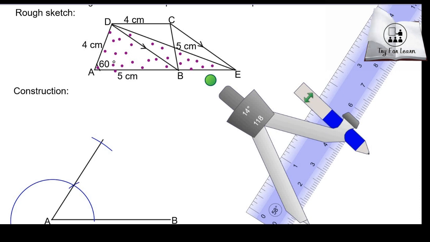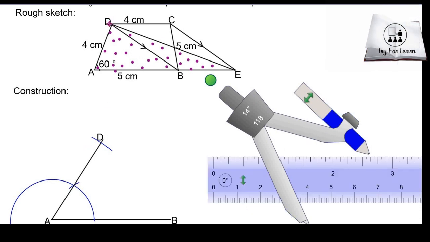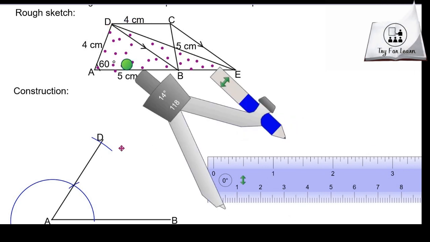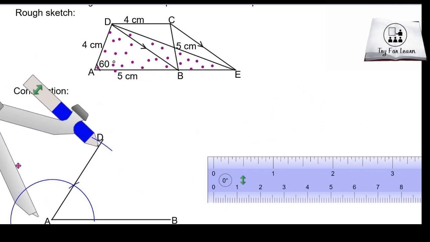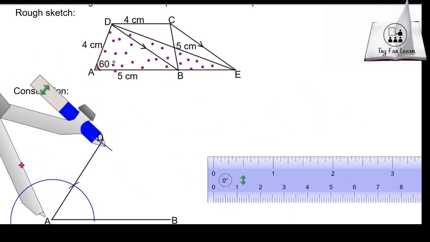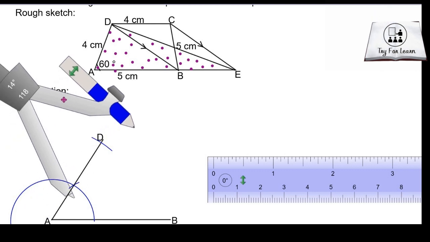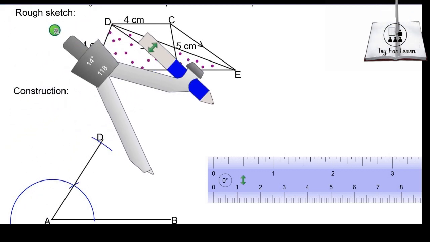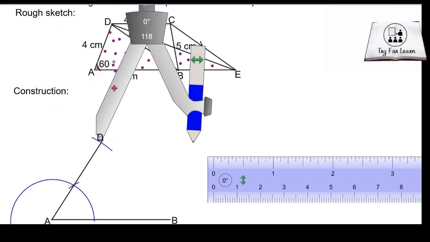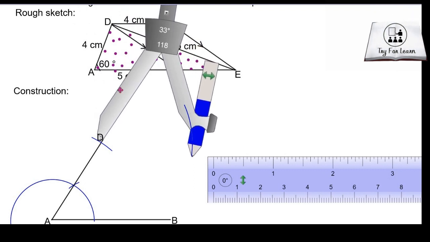Now this intersecting point is D. From D, there is line segment DC whose length is 4 cm. In this compass there is already a 4 cm arc length, so we should cut the same arc from this D for DC. So here I'm going to cut a 4 cm length arc.